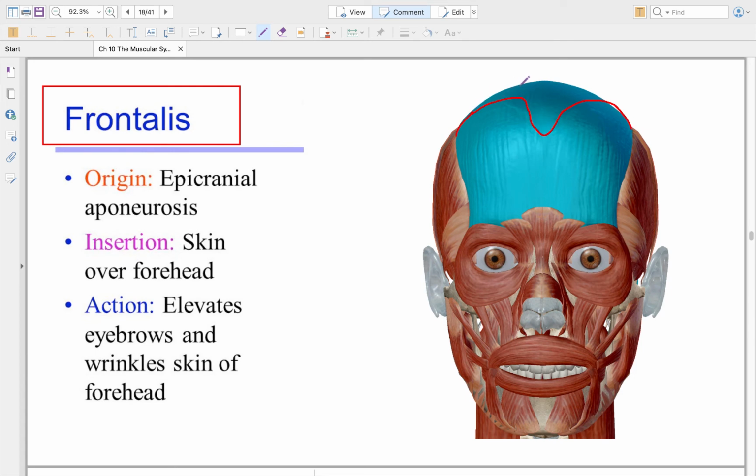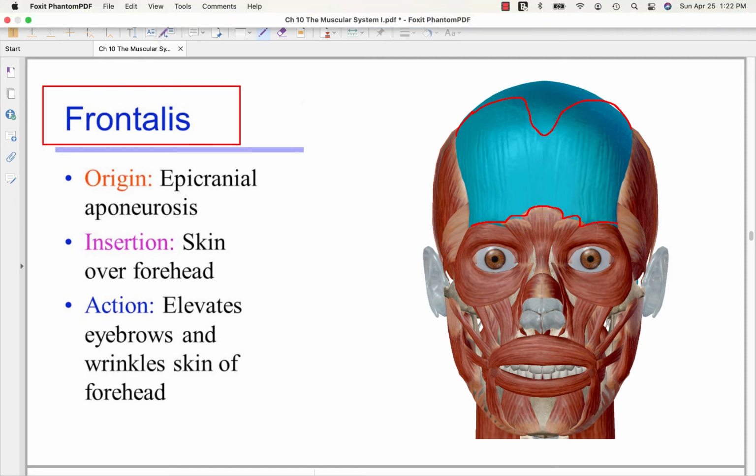Okay, and then it inserts into the skin over the forehead. It just inserts right into there. So just right into here, into the skin. And its primary job is to raise the eyebrows. It also wrinkles the skin in the forehead.